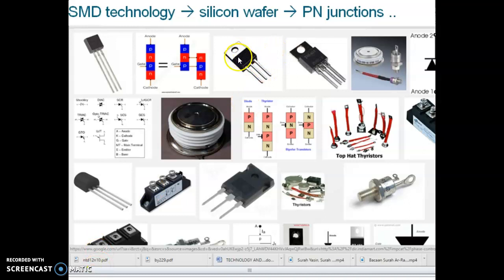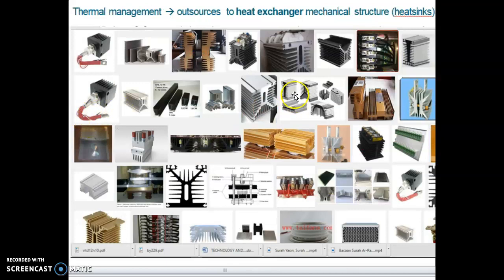So we can see here that the devices used for power processing, or to conduct high current values, have a metal tab with a hole here. What is the use or purpose of this hole? In the current stage, we have another structure, which is thermal management: the heatsink, or heat exchanger.